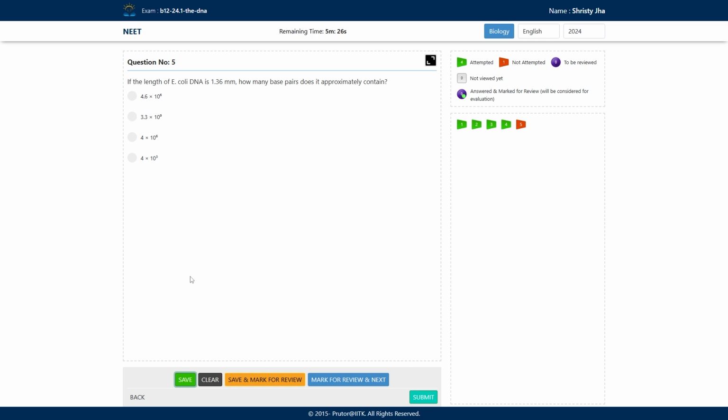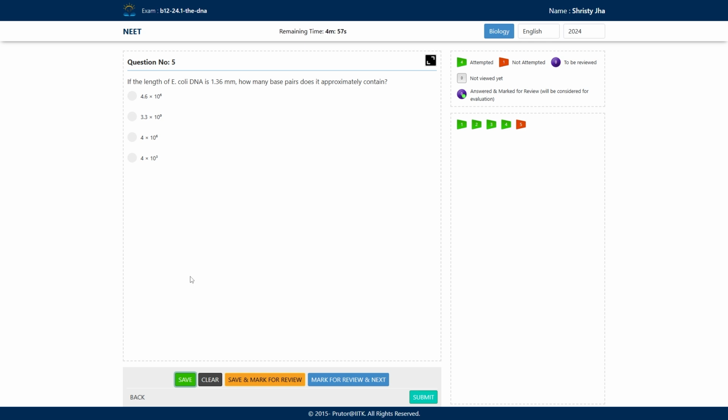So the length will be 1.36 into 10 to the power minus 3 meter divided by 0.34 into 10 to the power minus 9 meter. If you take this 10 to the power minus 9 above in the numerator, it will be 10 to the power minus 3 into 10 to the power 9.